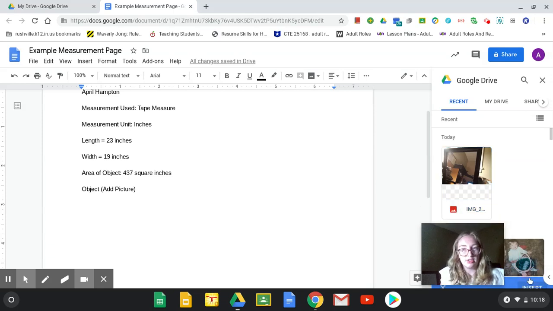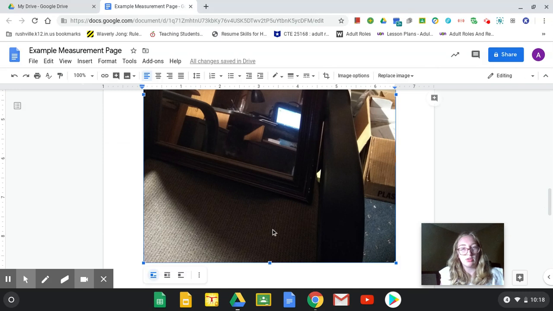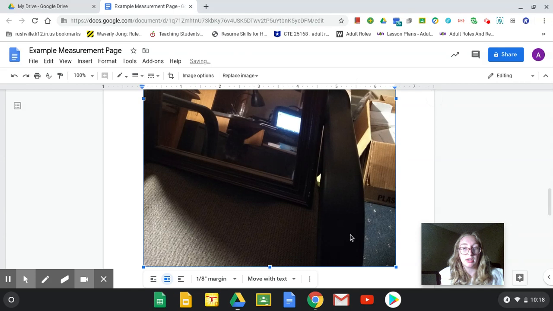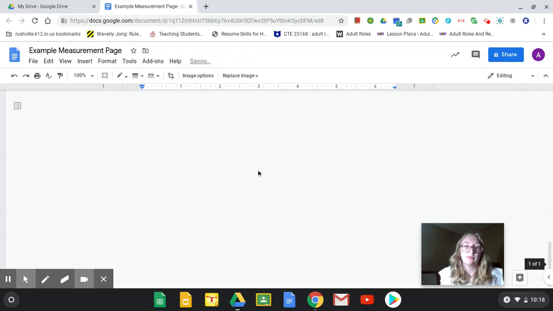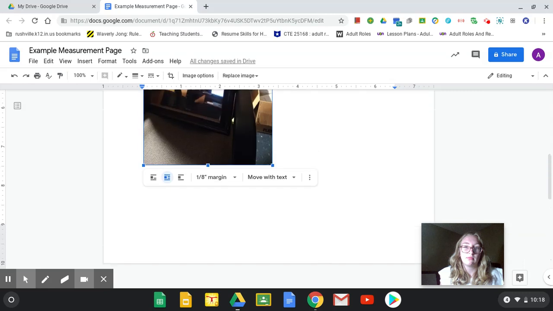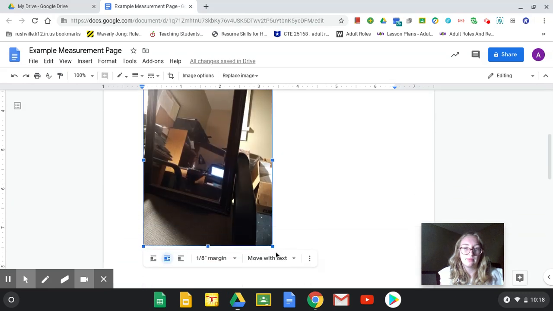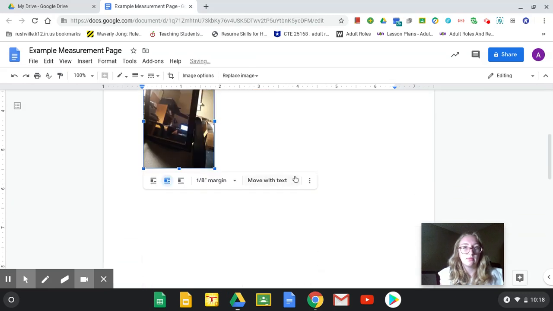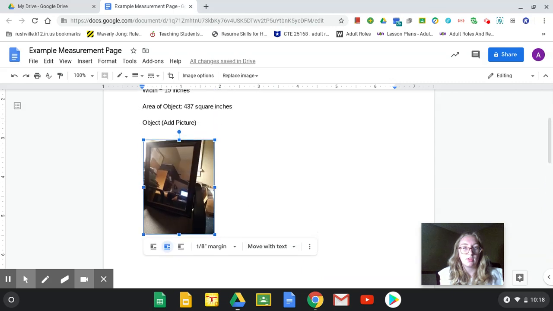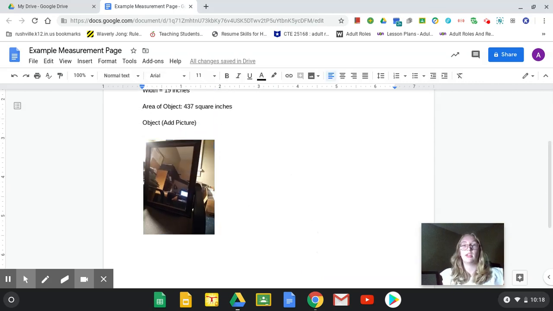I'm going to click Insert. Okay, so it's rather big, and I'm going to wrap text. It's easier to move a picture that way. And then I'm going to make it smaller. Okay, and that's how you would insert your image.